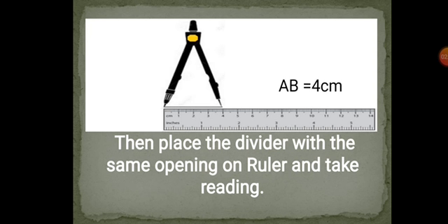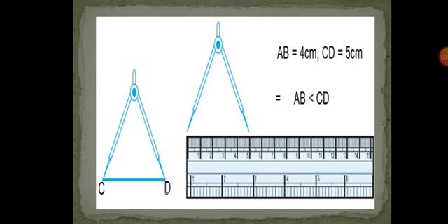The same process we will repeat with the other line segment, which is to be compared with the line segment AB. Now we will place the divider's point on line segment CD and then with the same opening we will place the divider on the ruler.